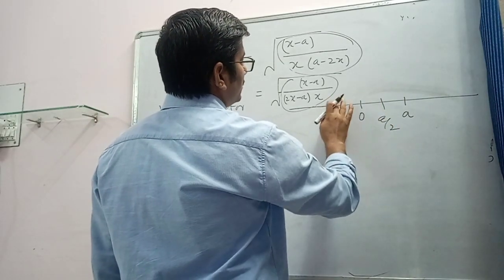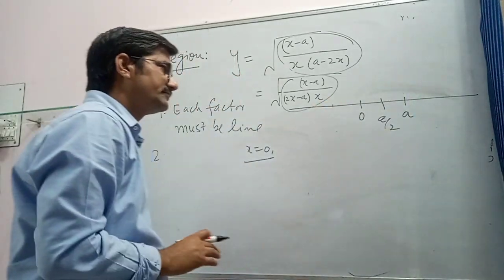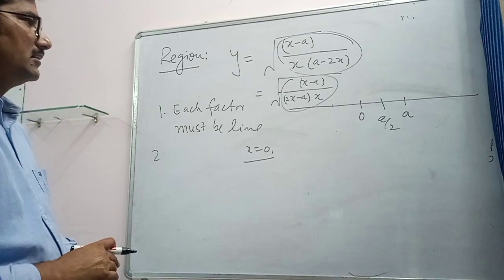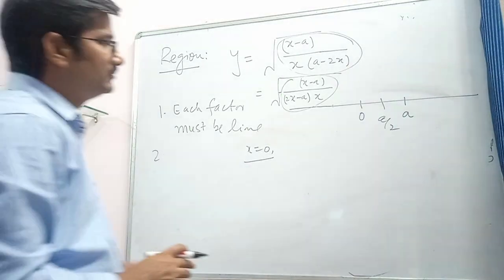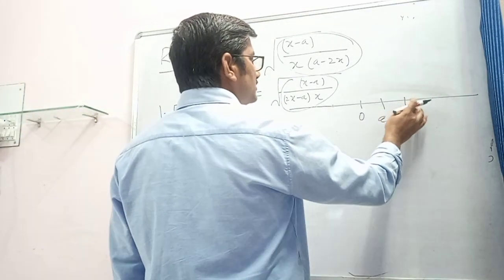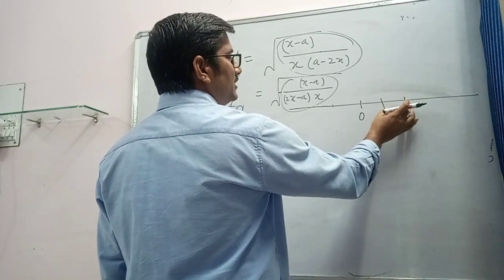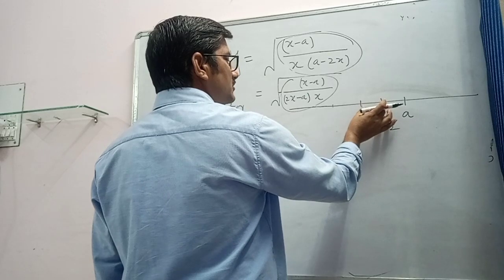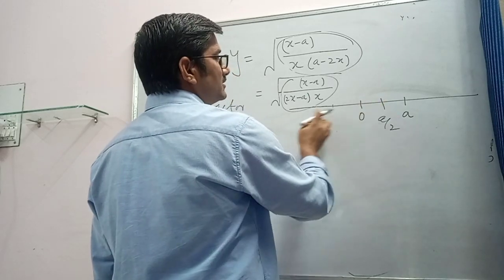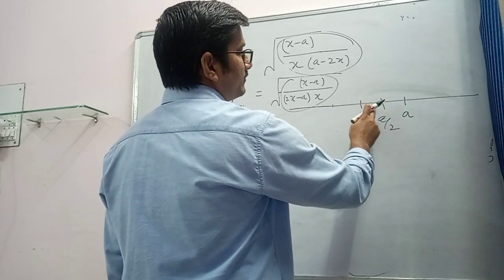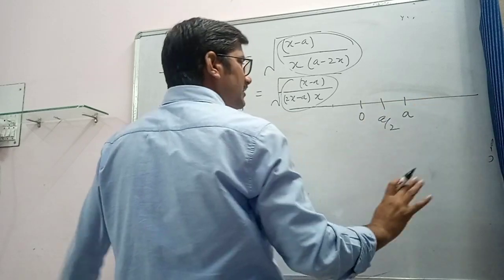So the whole real line is divided into these portions. One portion to the right of a, another between a by 2 and a, another between 0 and a by 2, and this one. 1, 2, 3 and 4. So there are 4 portions.